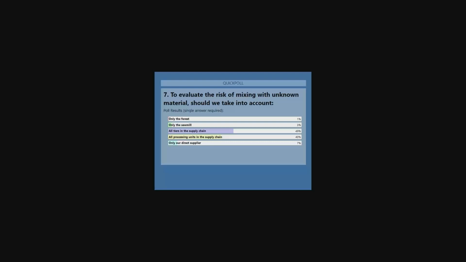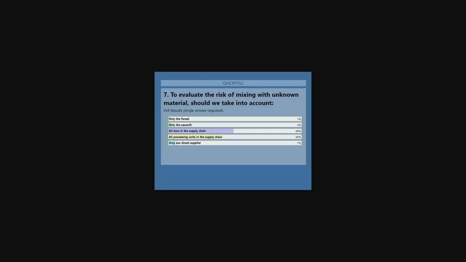So yes, all tiers in the supply chain should be taken into account. Even a trader that is not processing the material, but just handling it, could be a point in the supply chain where mixing happens, right? Even a trader dealing in basic sawn timber could mix sawn timber from different origins in its warehouse, even if it's not doing any processing or transforming of the material.